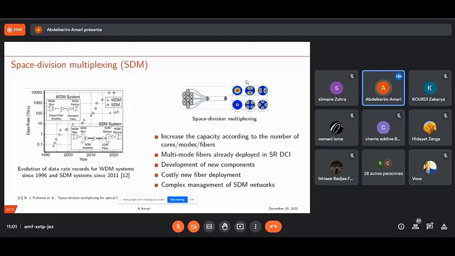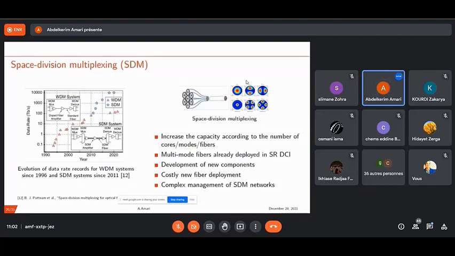But when we go for long haul, we have some issues: we need to design amplifiers that work for the multi-mode case, and for multi-core, and again also for multi-mode fibers, we need to replace all the existing single-mode fibers with this new kind of fiber, which is not a cost-effective approach.